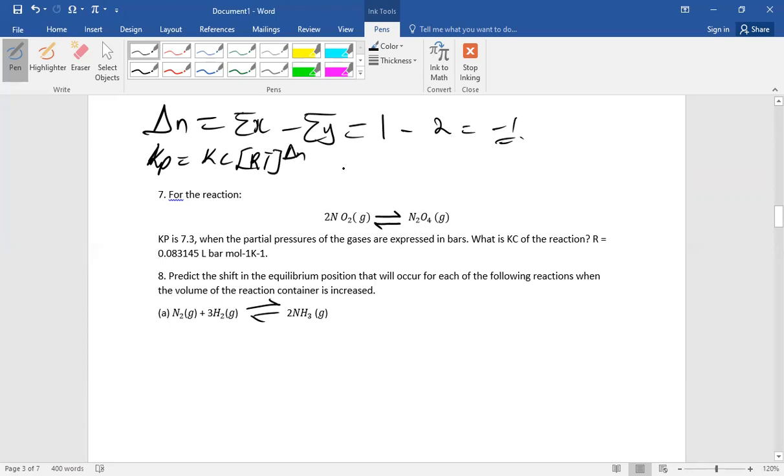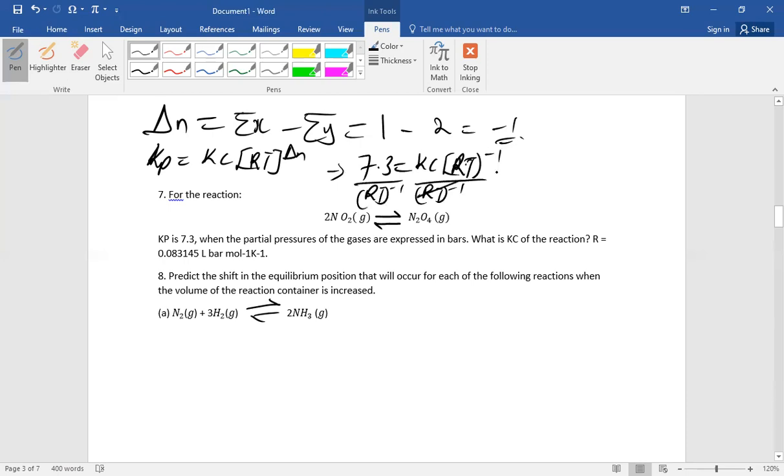And that means our Kp, 7.3, is equal to Kc times RT to the power of delta n, so the exponent is 0. So let's just write it as 1. Remember, we're looking for Kc, so we divide by RT to the power negative 1.